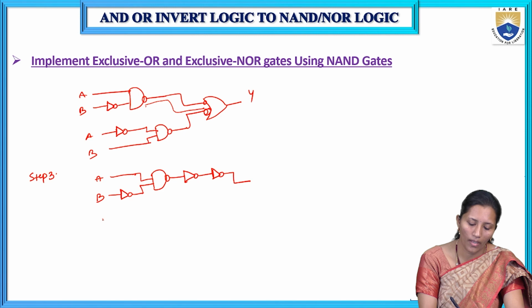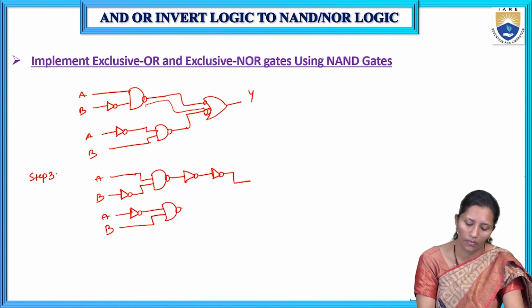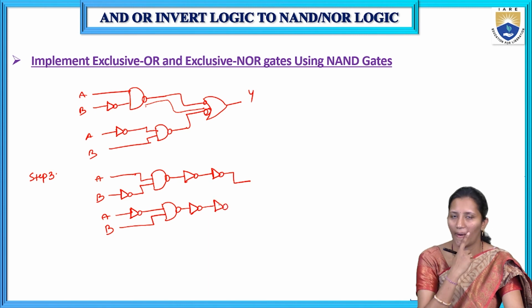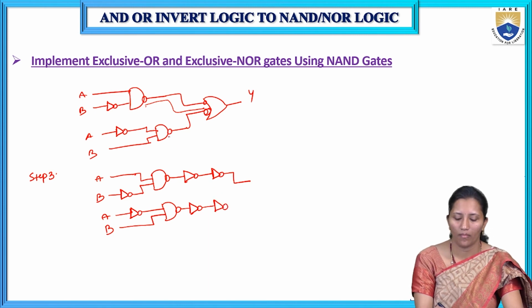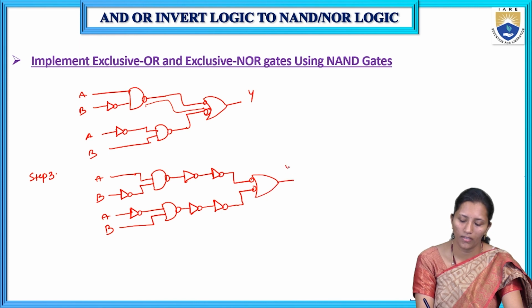Okay, so A, B. Here also we are adding two bubbles in this line, so we have to add two inverters. Wherever we are adding a bubble in that line, we have to add one inverter. We should not change these bubbled OR and NAND gates.